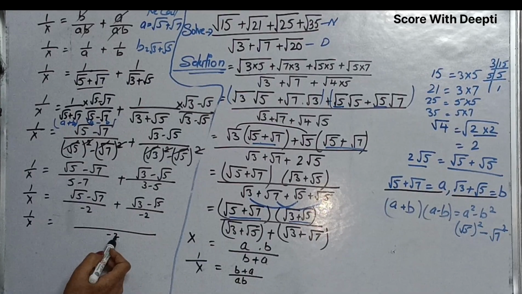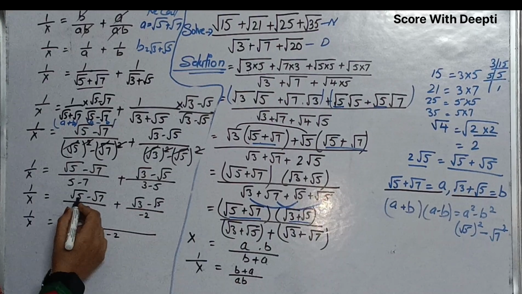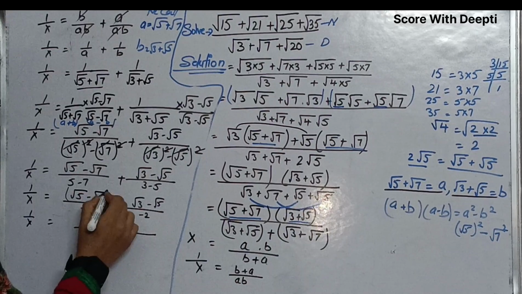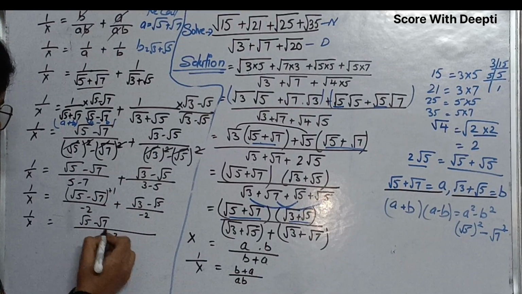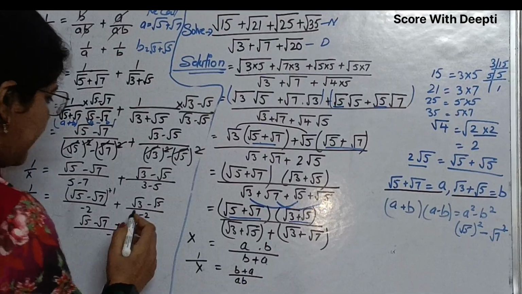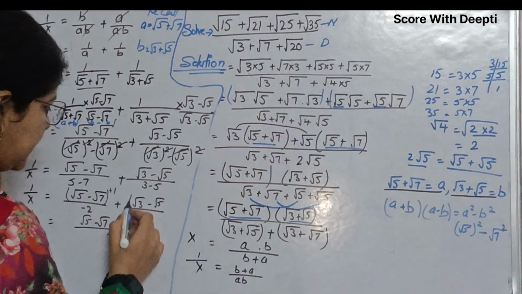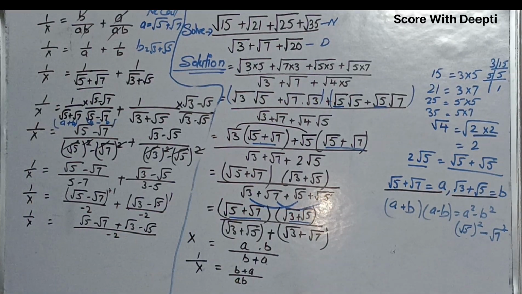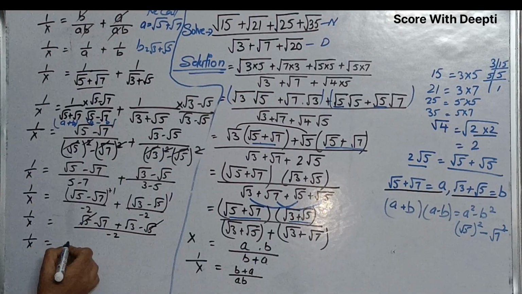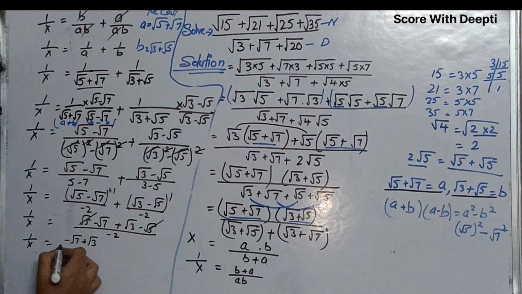Dividing minus 2 by minus 2 we get plus 1, and we multiply plus 1 with this term, getting square root 5 minus square root 7 plus, again dividing minus 2 by minus 2 we get 1, and multiplying gives square root 3 minus square root 5. Next this one cancels out and we get 1 over x equal to minus square root 7 plus square root 3 over minus 2.